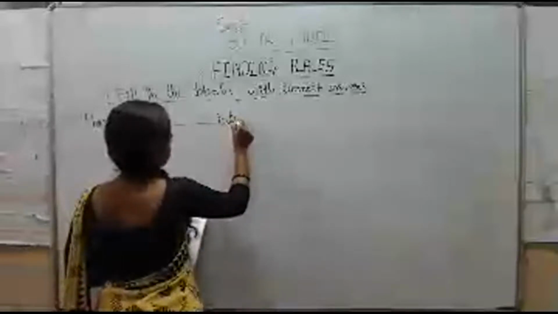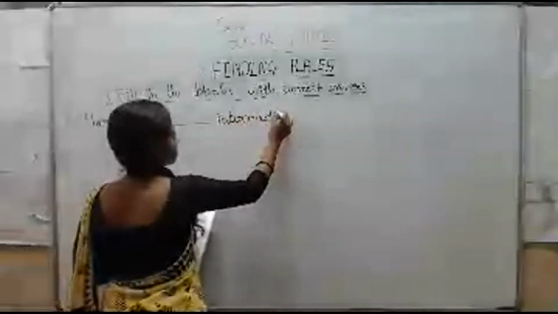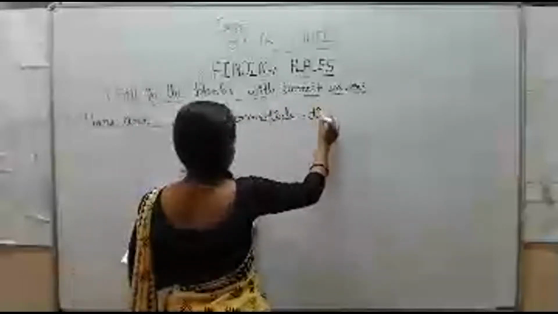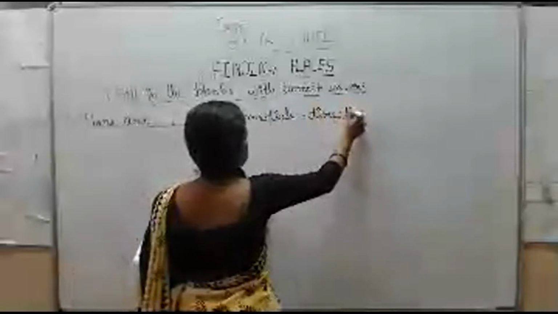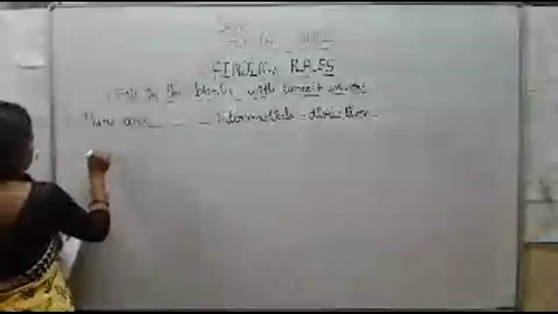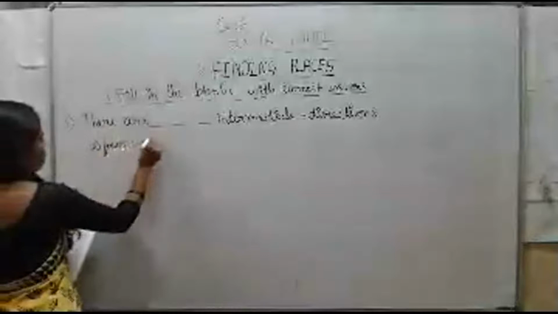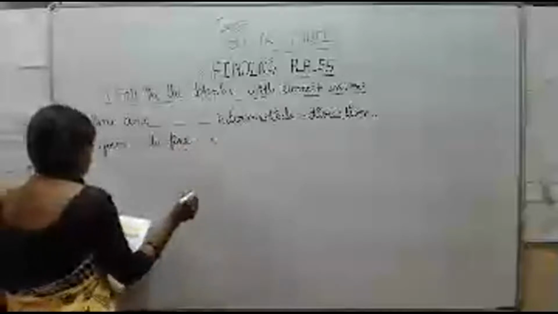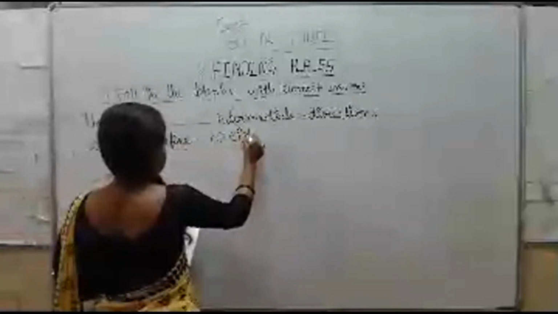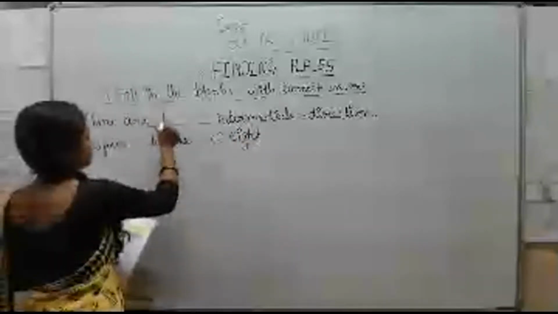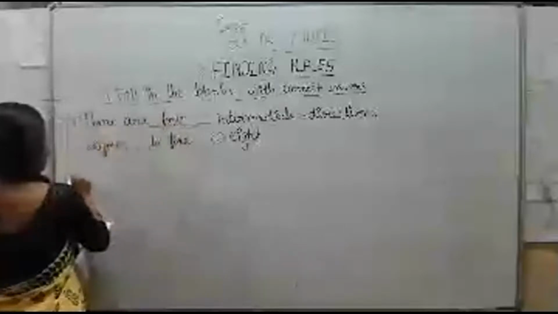There are dash intermediate directions. So they have given you the options. Option A 4, option B 5, option C 8. Yes, which is the right answer, students? 4 is the right answer. First option is the right answer.